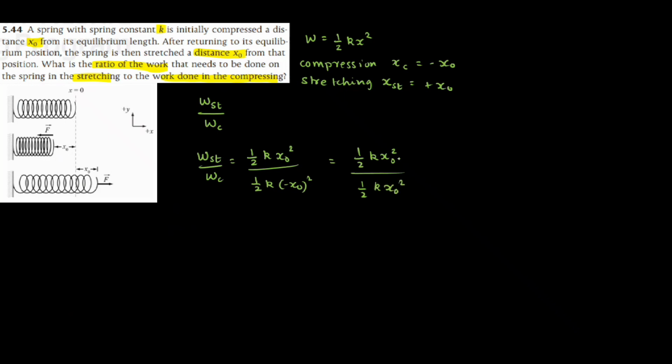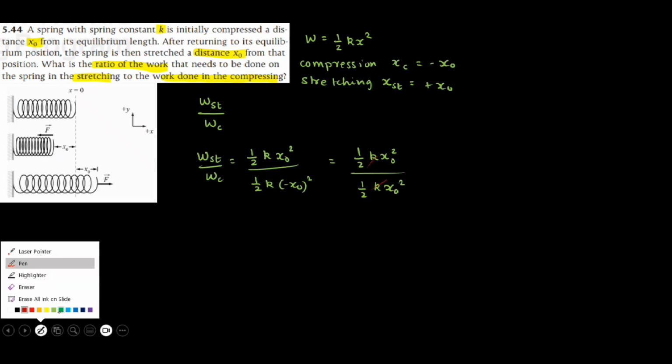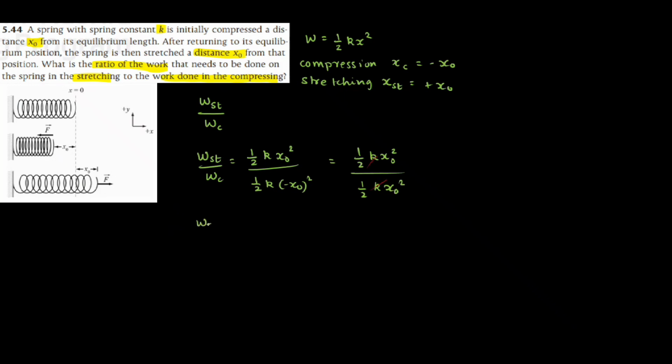So I get half kx squared on the top and half kx squared on the bottom. Since both of them are the same quantity, you can cancel them. And when you cancel them, you get the ratio of work done during stretching to work done during compression to be equal to 1. This is the ratio.